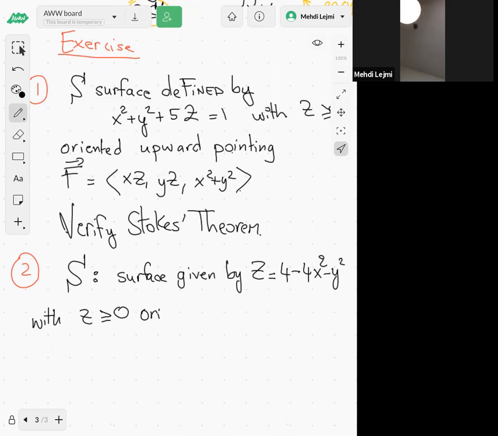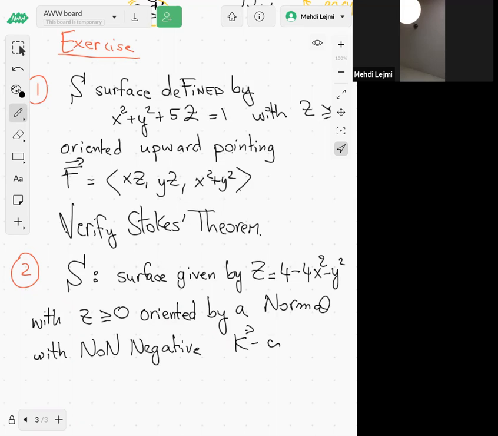Oriented by a normal with non-negative k component.